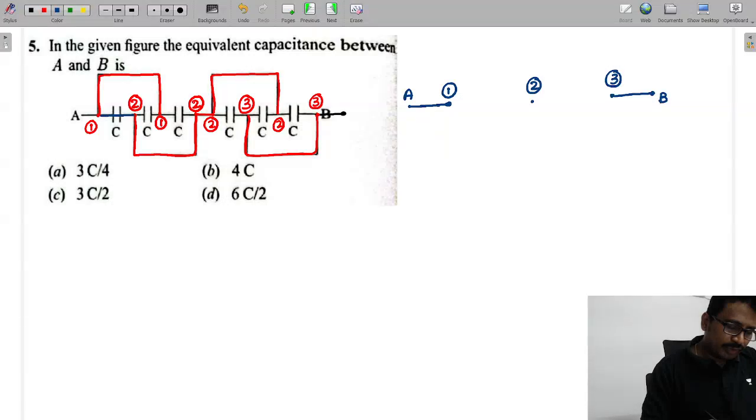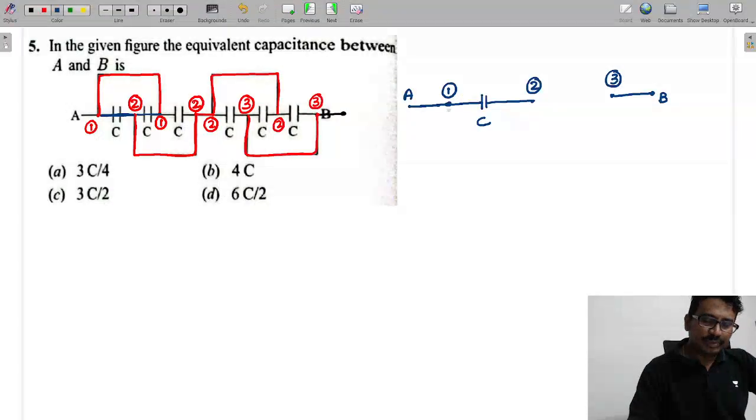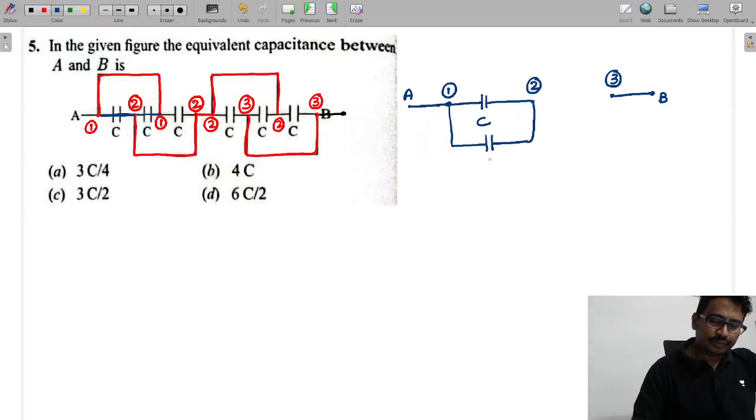Now let's place the capacitances one by one. Between 1 and 2 we have this capacitance, right? So place it here between 1 and 2, with capacitance value C. Next, between 2 and 1, both are the same only, so we are placing the capacitance here. Next, this capacitance between 1 and 2.